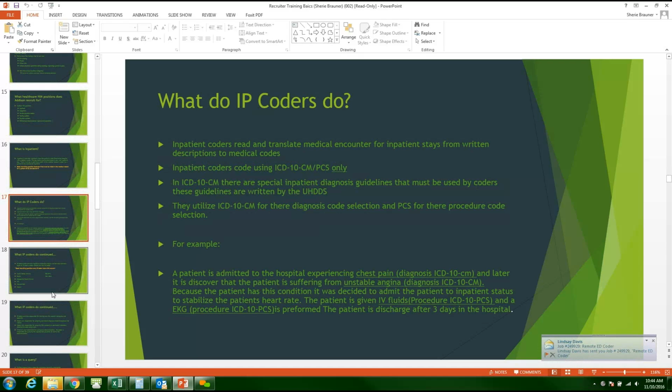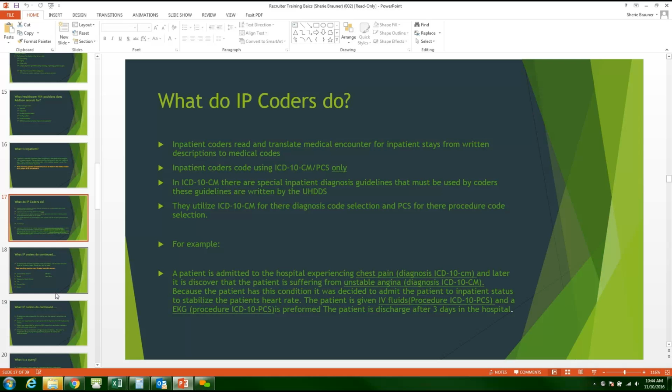With that said, I have come across in the past, very, very rarely, cases where they would like you to report CPT codes when you code the PCS procedure codes for inpatient. But that is very, very rare, and again, it's just for reporting purposes.